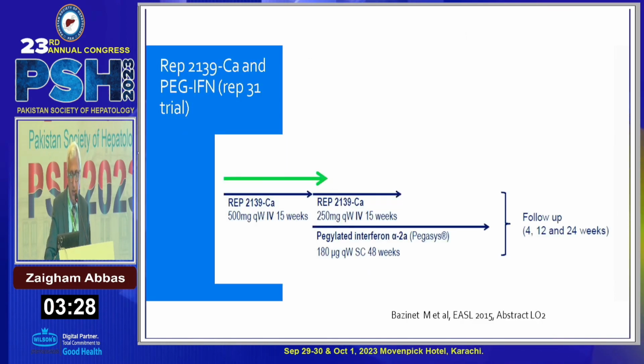This is one of the trials that was published a few years back, in which REP 2139 was used for 15 weeks, followed by introduction of pegylated interferon. And pegylated interferon was continued for 48 weeks.